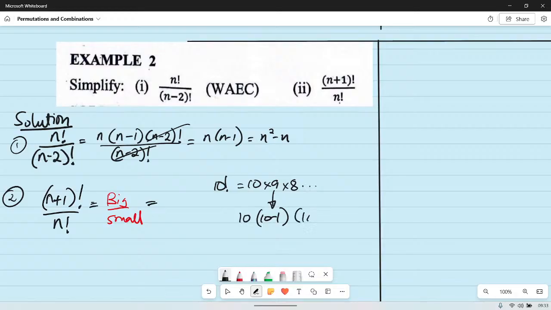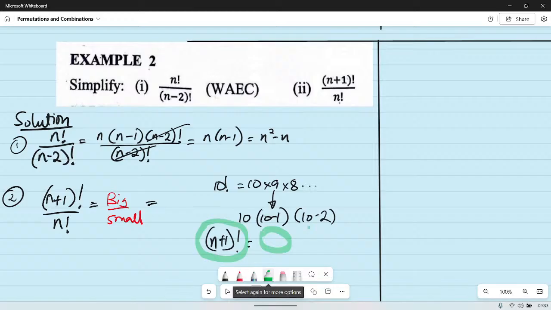And the 8 is 10 minus 2. And it continues. So if the 10 is no more 10 and it's n plus 1 factorial, in this case, what happens? It will repeat itself: the first element, times the same thing minus 1, times the same thing minus 2, times the same thing minus 3. So how will you write this one?